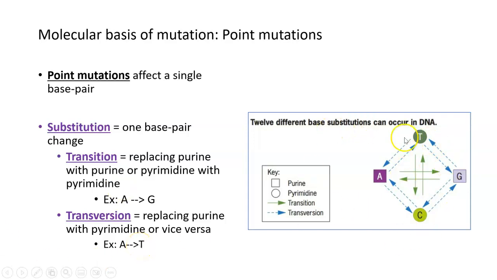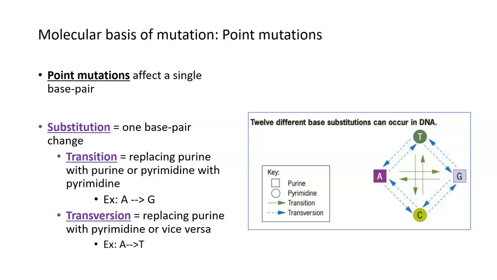Over here, you can actually see the different types of substitutions. Here you have the nucleotides A, T, G, and C, and you can see the arrows indicating transversions, the blue dotted arrows, and the arrows that indicate transitions in green.